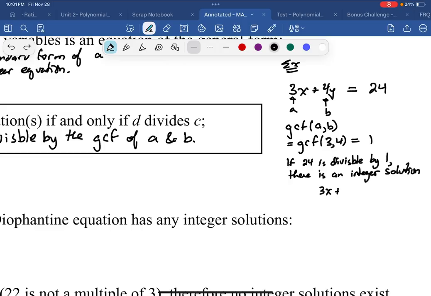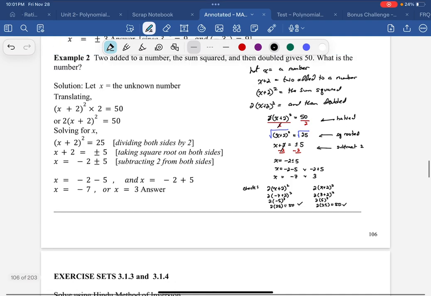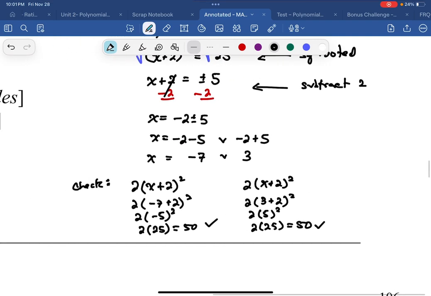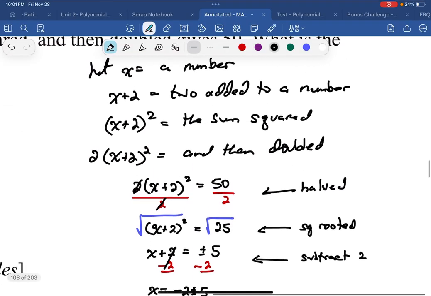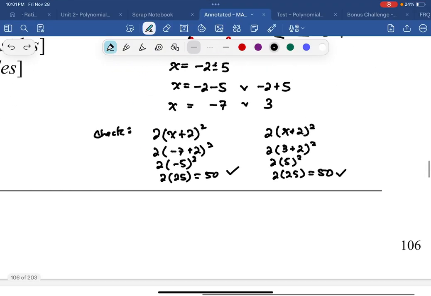We're still going to use the idea of a feasibility table, but I'm only going to focus on 3x and 4y, kind of like when we were checking solutions in the last section. I would just focus on the left-hand side, because if it simplified down to give me whatever is on the right-hand side of the equation, then I would be satisfied that it was a valid solution.